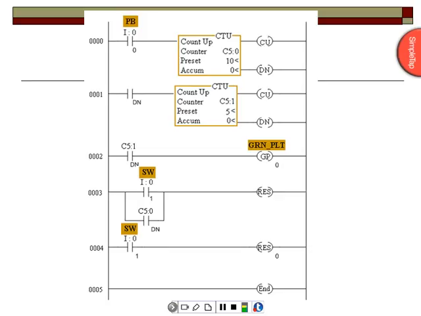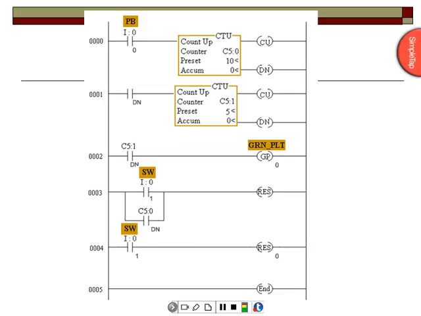So I'm going to hit that push button one time. What happens? C50 activates and does what? Counts 1. So the accumulator goes up to 1.